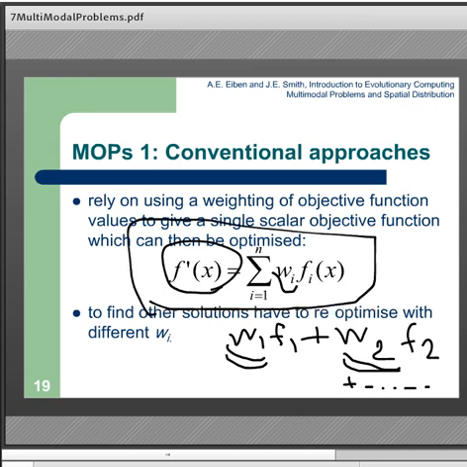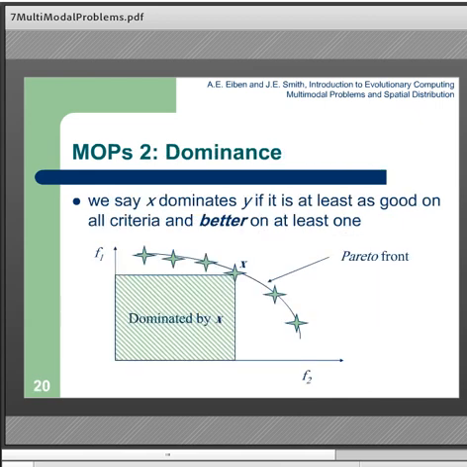So this method is not good for a multi-objective problem. There is a better way, named domination or dominance.